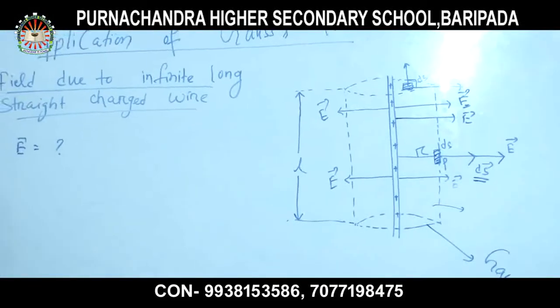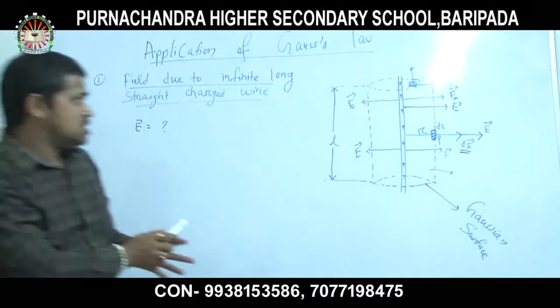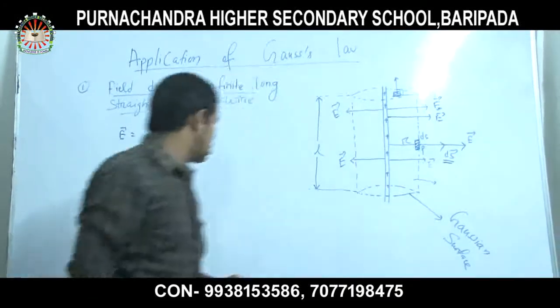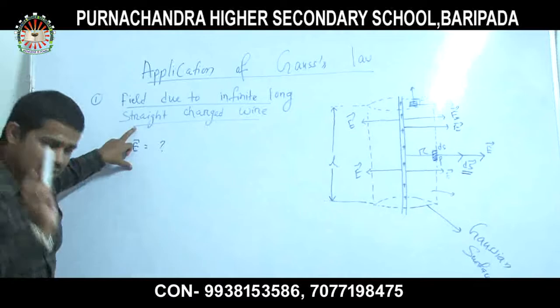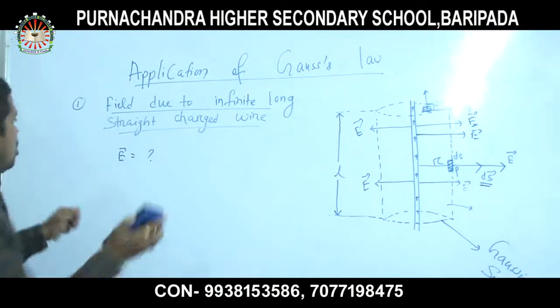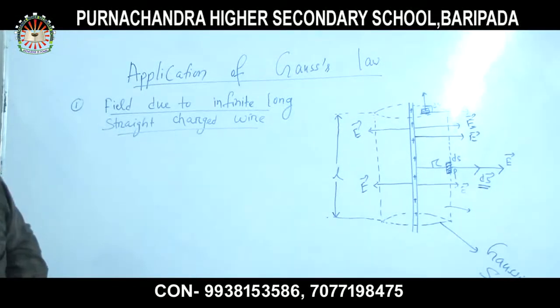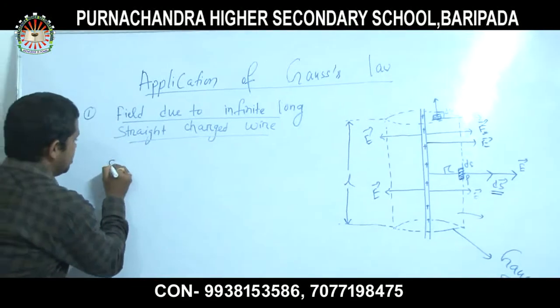Okay, why are we emphasizing these 2 points, that is electric field and ds? Because before finding out the electric field intensity, we must go into the electric flux. And what is the expression of the electric flux? The expression of electric flux I have discussed in the previous class.